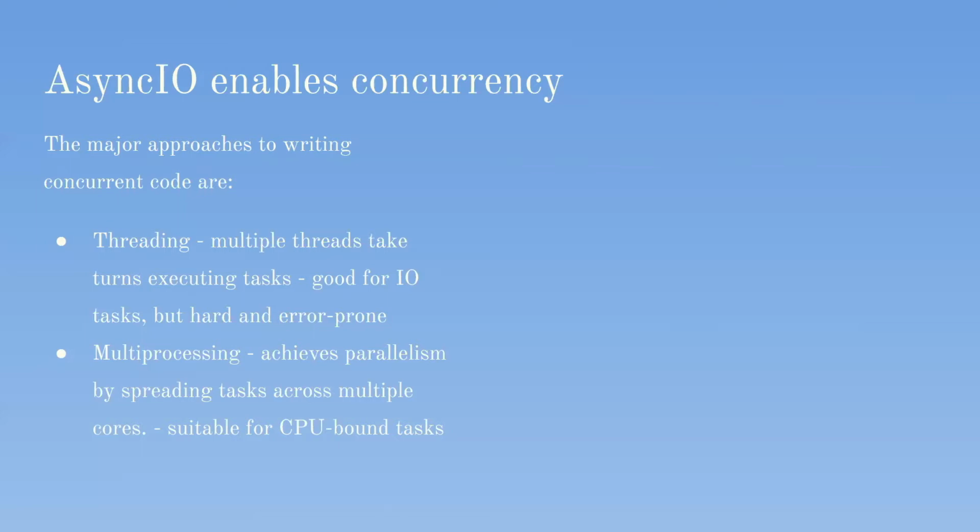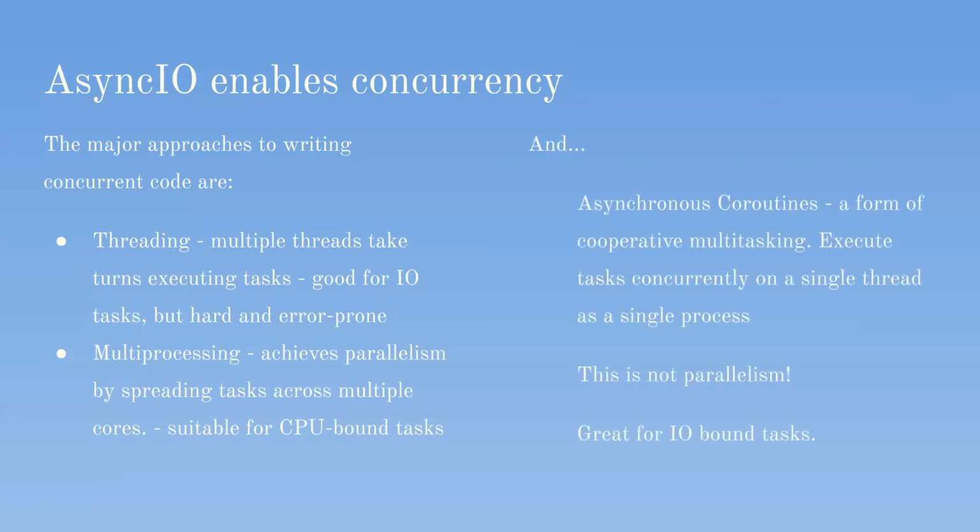The second approach would be multiprocessing. This is a parallel form of programming. When you do this, you spread tasks which are tightly bound across multiple cores, and that's suitable for CPU-bound tasks. And then what we have with asyncio is asynchronous coroutines.